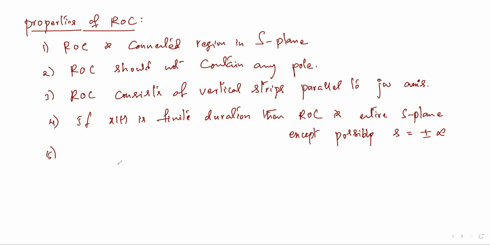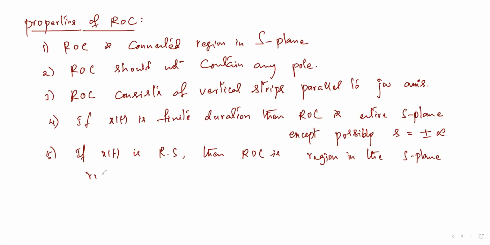Fifth, if x of t is a right-sided signal, then ROC is the region in the S-plane to the right side of the rightmost pole.